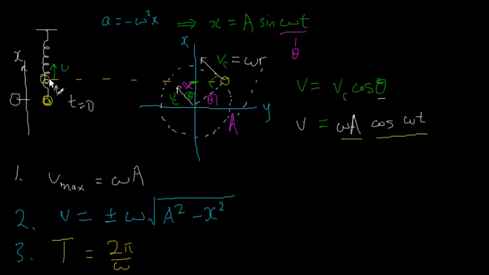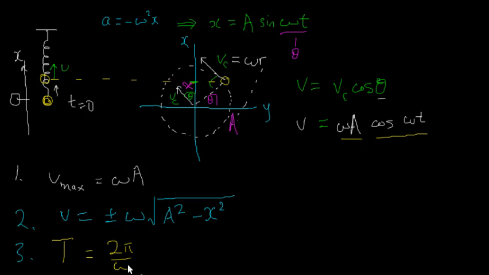So even for the same value of x, it is possible to have the velocity either going up or going down. That's why we also need this plus or minus sign in the formula, because if we just specify the value of x alone, we would not be able to tell from this information alone whether the v is going up or down. So the plus or minus just tells us that either one is possible.